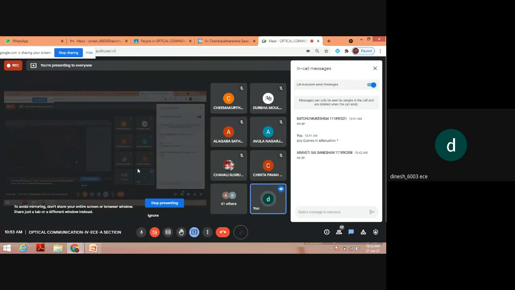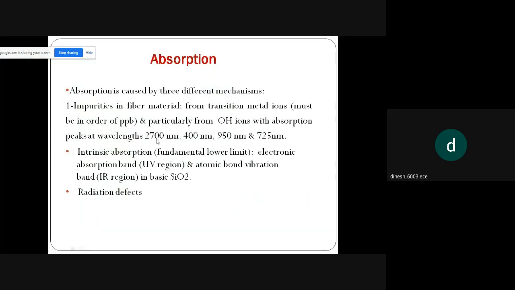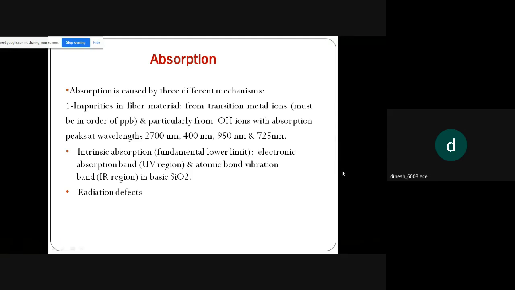So I think now we have got an idea of what absorption is. Okay, let us see absorption. So why does this absorption occur? It could be due to three different mechanisms.